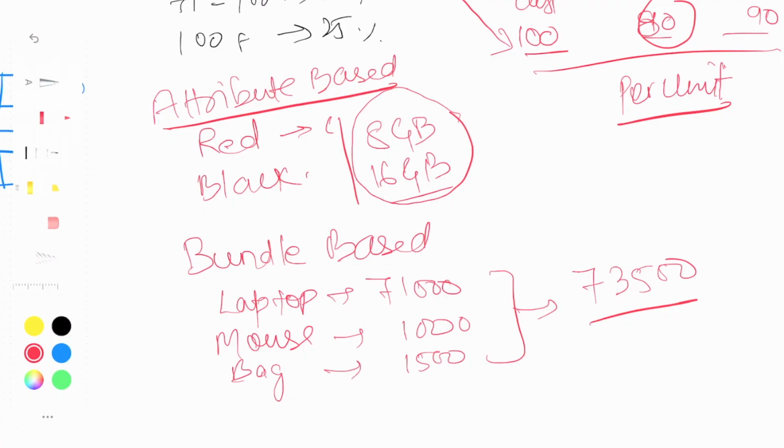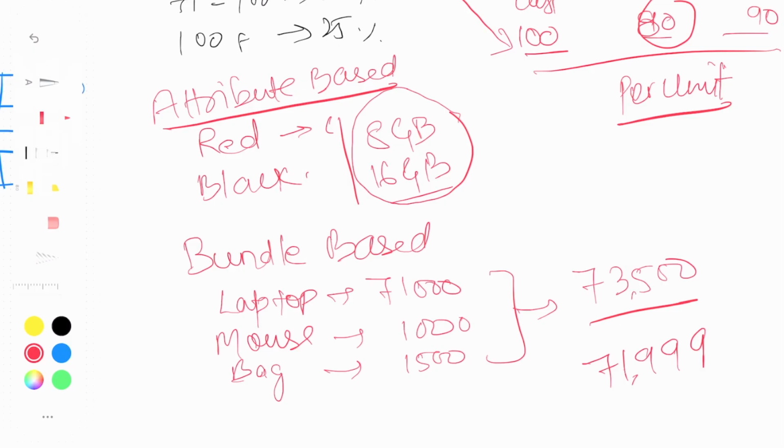So in the bundle based discount, instead of giving 73,500, it will give something like 72,199.